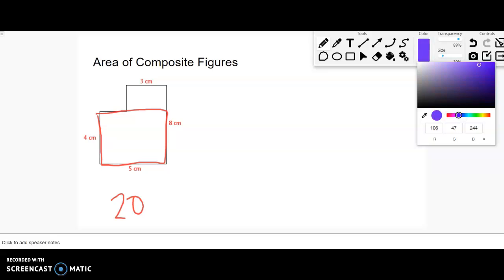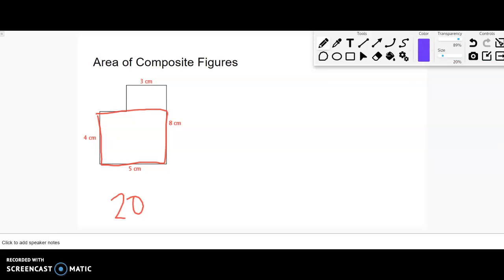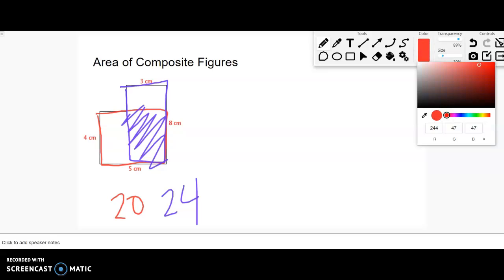And if I did 3 times 8 as this rectangle and got 24, look at all this area that's overlapping in both rectangles. So I'm double counting something. So that's what you just have to be careful of, is not to double count.